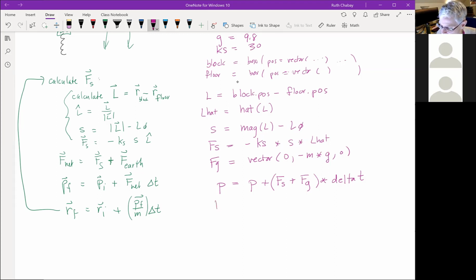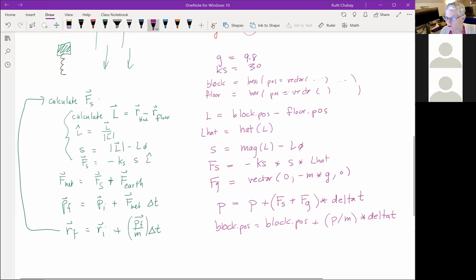And now we can update the block's position. It's the old position of the block plus the momentum over the mass times delta t. And we would need some kind of loop conditions, wouldn't we?